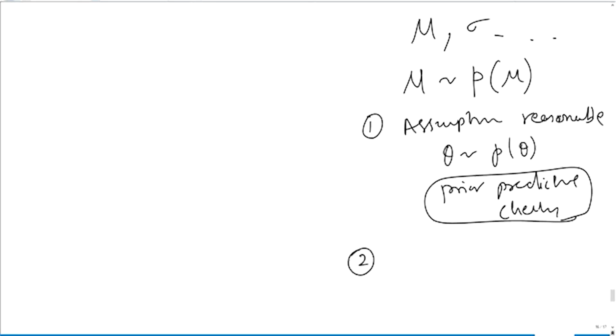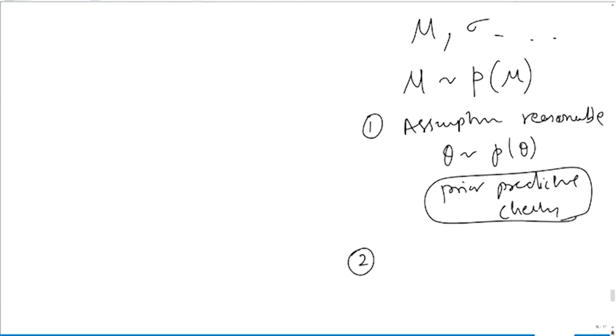Another situation you can be in is this: this particular task has been done before by a few other researchers, and people have different opinions and different beliefs about a certain parameter, let's say effect size. In that situation, you can express your belief as well as your opponent's belief, as well as some skeptic's belief, as well as some highly confident researcher's belief.